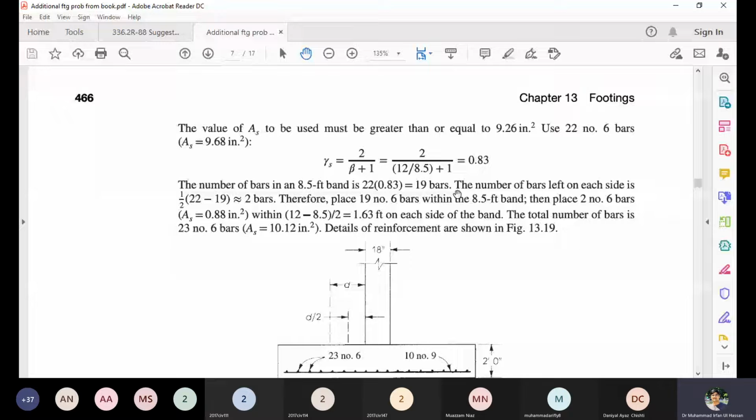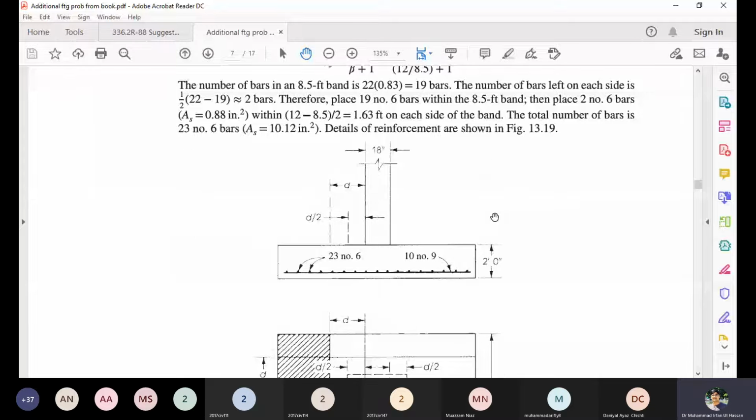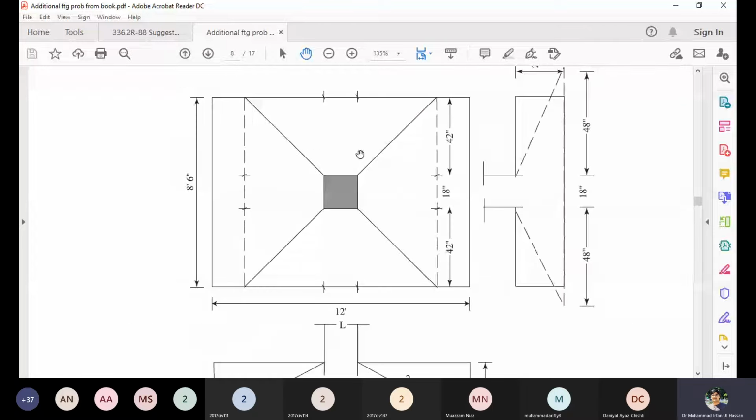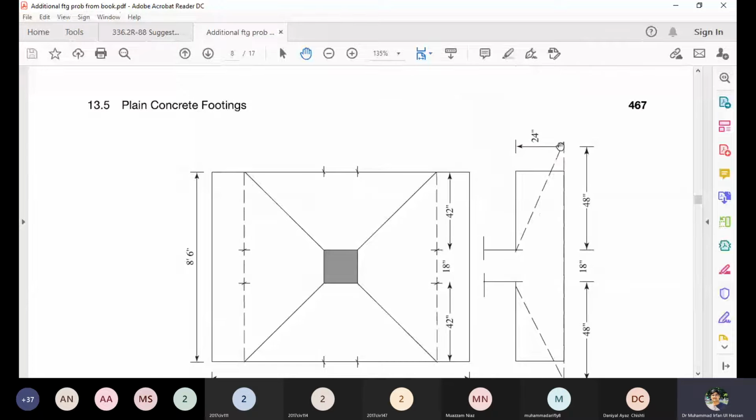So this is also an isolated footing, but a rectangular isolated footing. And you give the congested reinforcement within the band, and larger spacing outside the band. Here the bearing is also checked, and you see that when you have the smaller width, your projected area goes out of the column.